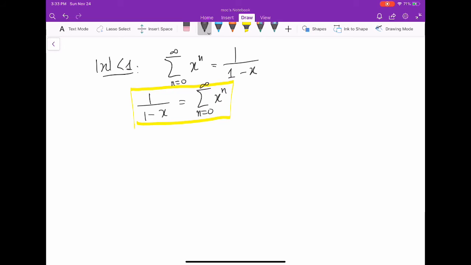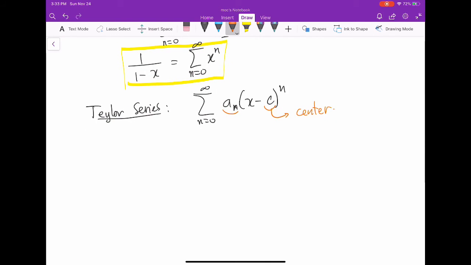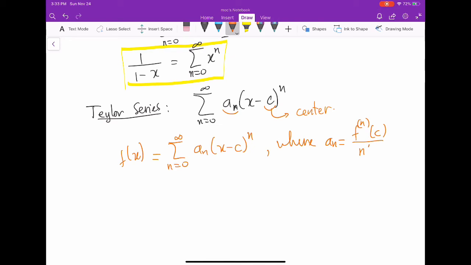Okay, let me remind you about the general formula of the power series. We learned the Taylor series: the sum of a_n (x minus c)^n from 0 to infinity, where c is the center of the series and a_n is the coefficient. It turns out that if you have a differentiable function, it can be represented in the form sum of a_n (x minus c)^n, where a_n is equal to the nth derivative at c over n factorial.